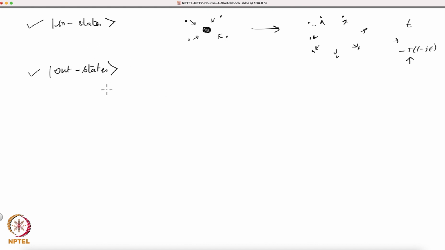One basis is good for writing down incoming states which concern incoming particles, and another basis is good for constructing states which represent outgoing particles in the far future. Other than that, these are related by just a transformation that takes you from one set of basis states to the other.